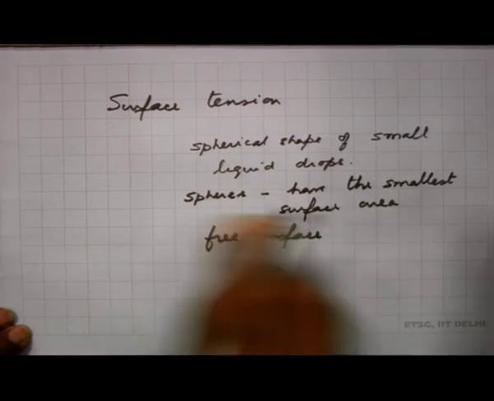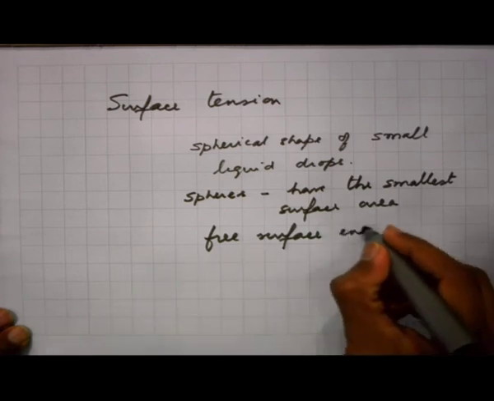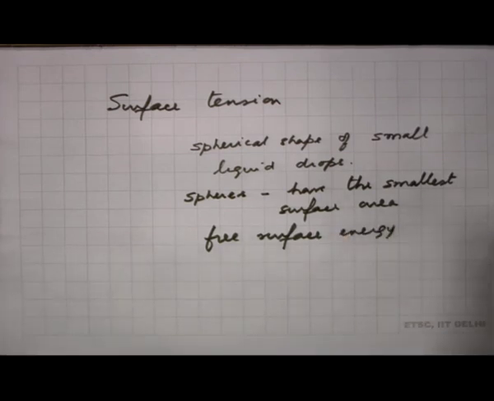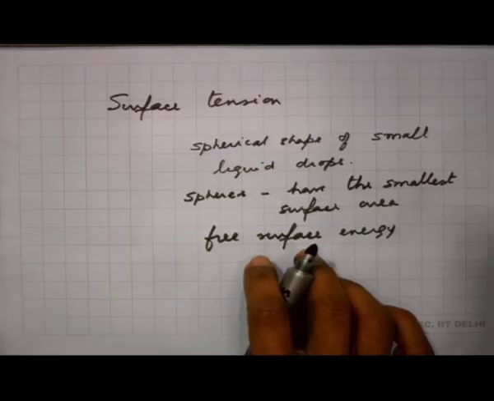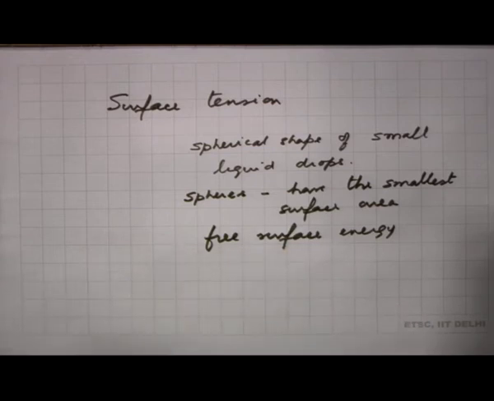So, there is a surface energy that you have in the liquid, and when a liquid drop tries to form a spherical shape, what it is trying to do is minimize the surface area. So, because of this free surface energy, if it goes into a spherical shape, there is a minimization of the surface energy.